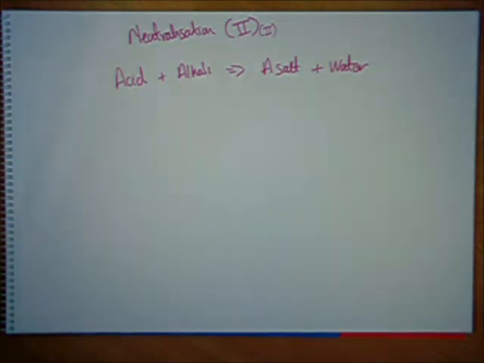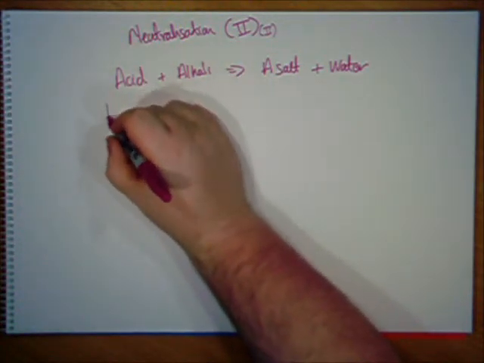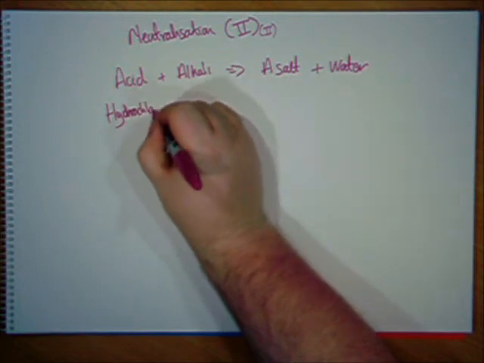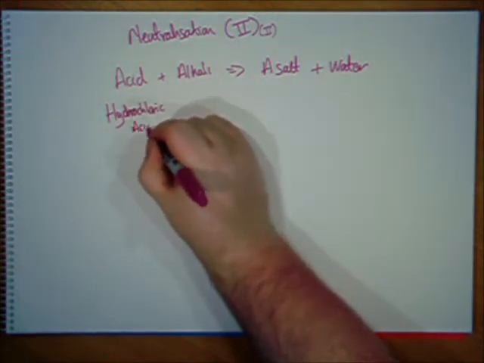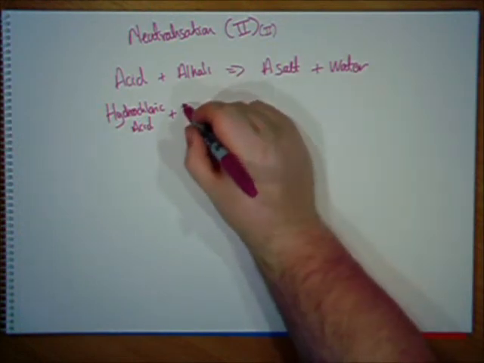It's a water soluble base, so it'll behave exactly the same way as the base that we saw earlier. So again, if we take hydrochloric acid, we'll do the word equation first. And we'll react that with common alkali, sodium hydroxide.